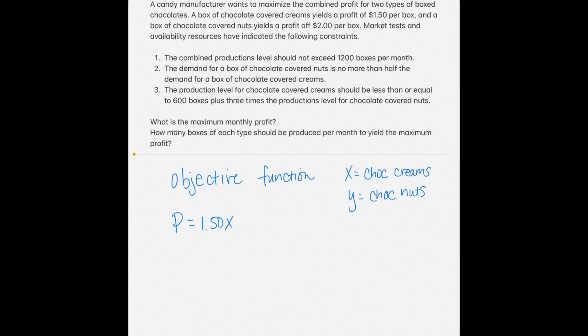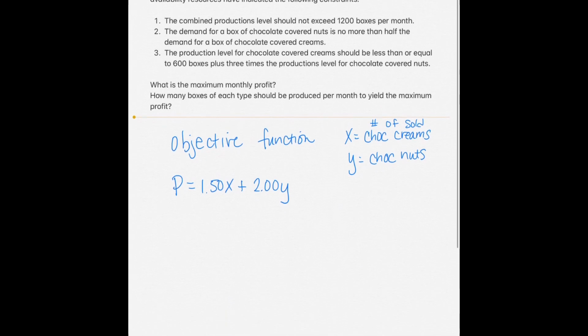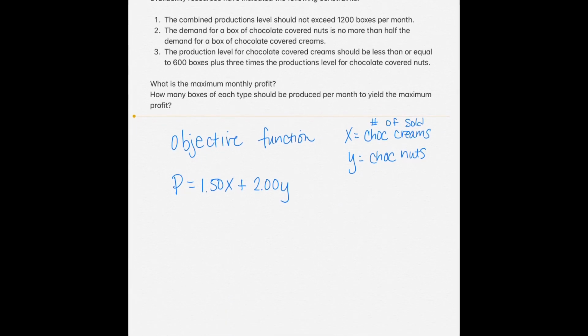And we should say the number of chocolate creams sold. This is the number sold for both of these. And then we're also going to profit from our chocolate covered nuts. So that's $2 per box. So $2 times Y. So this is going to be our objective function that we are trying to maximize, our profit.